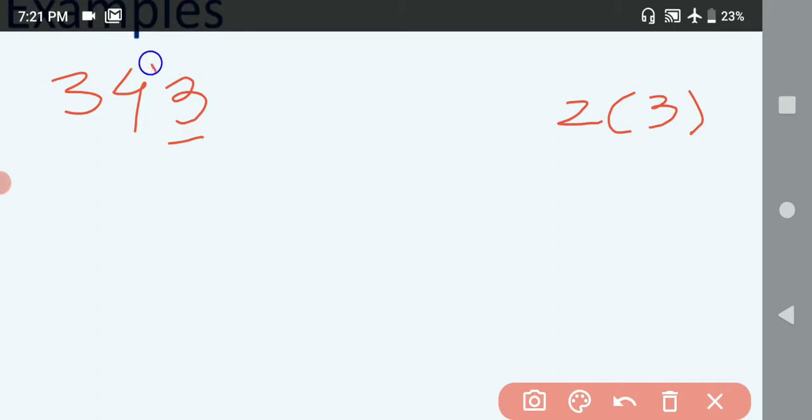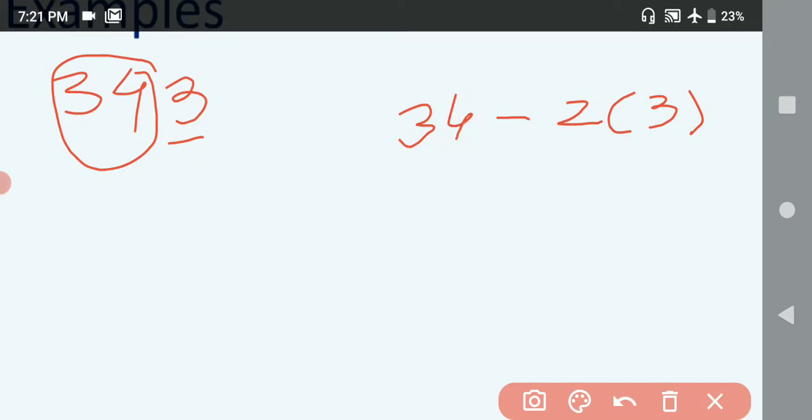Let's check it. For example, we have 343. Okay, so according to the rule, what do we have to take? We have to take twice the last digit, that is 2 into 3, and it is subtracted from the number formed by the remaining digits, that is 34.